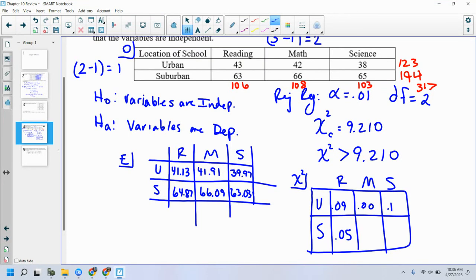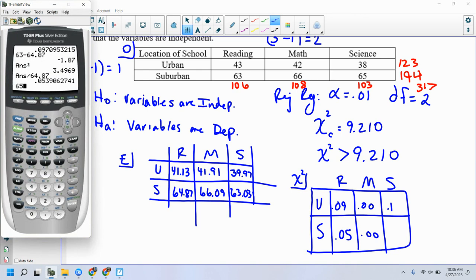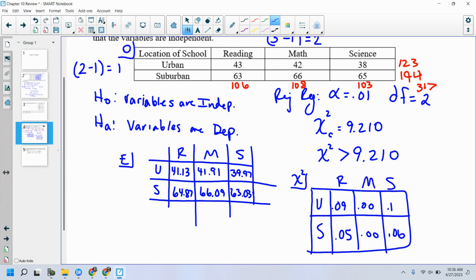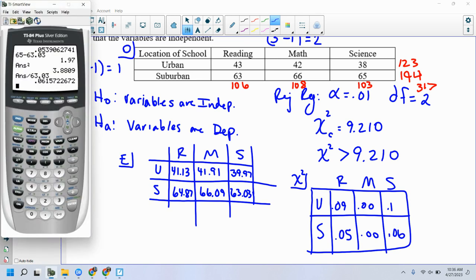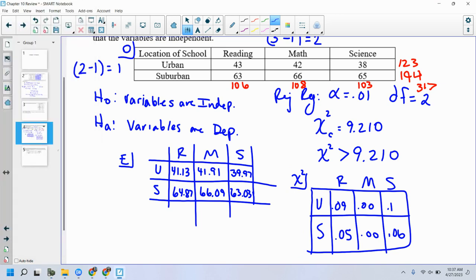I'm going to call it 0.00. 65 minus 63.03 squared divided by 63.03. 0.06. Whatever this is, it's not going to be bigger than 9, is it? 0.09 plus 0.1 plus 0.05 plus 0.06 gets me 0.3.